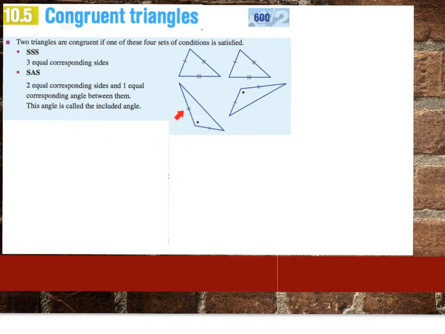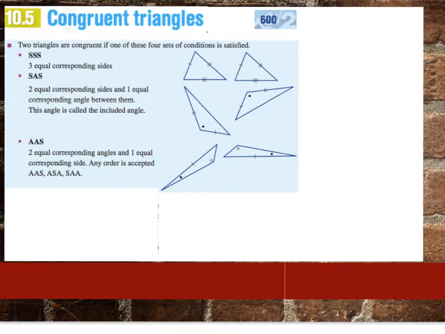So you'll see that I have two sides that are the same. This side on those two are the same. These two sides are the same. The angle must be the angle between the two corresponding sides. Otherwise, we do not have congruent triangles, and we cannot use these conditions to prove it.